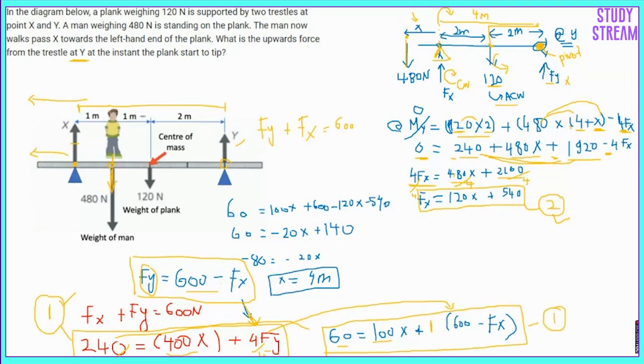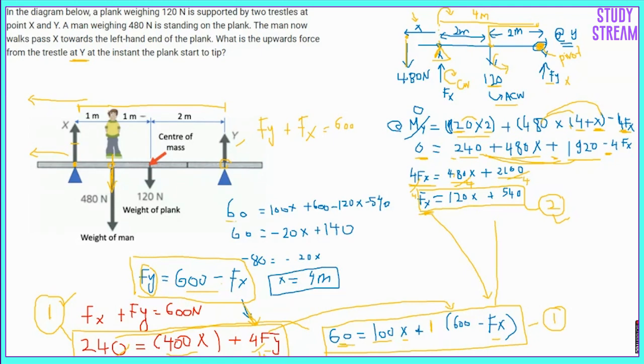Sorry, formula 1. If I take these two simultaneous equations, I have two unknowns, fx and x, and I can solve for x and I can solve for fx. So just basically simplification. If you want, you can take the fx, plug it here, and then solve using your calculator. So once you substitute, you will have the 60 is the same.